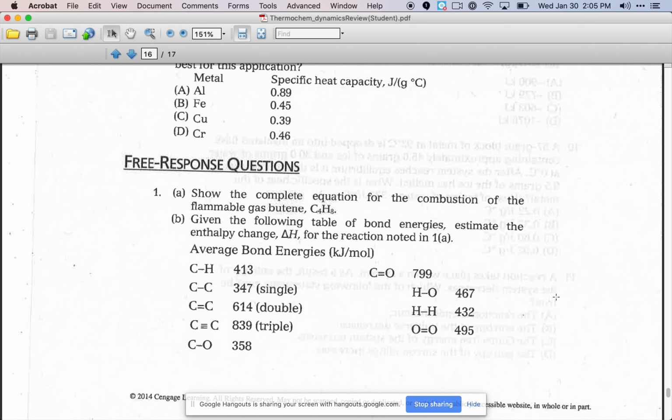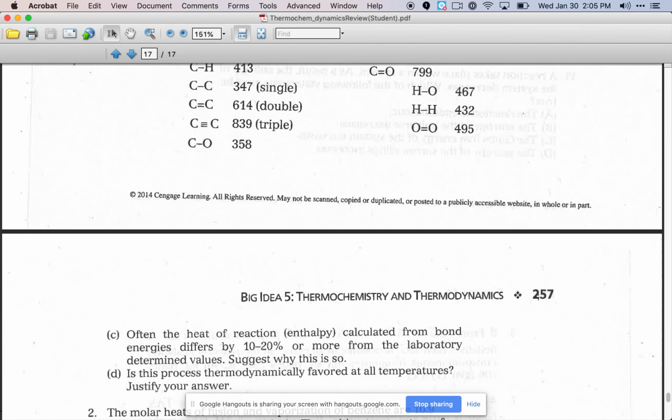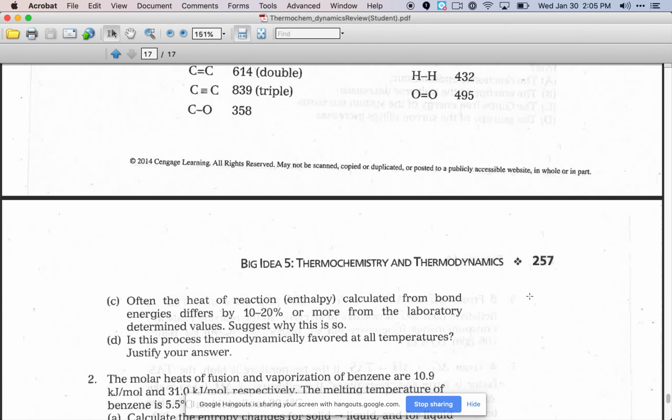I have seen calorimetry, heat of formation. I'm trying to think what else I have seen. Okay, does that sort of help you, Lauren? Yeah. Okay.